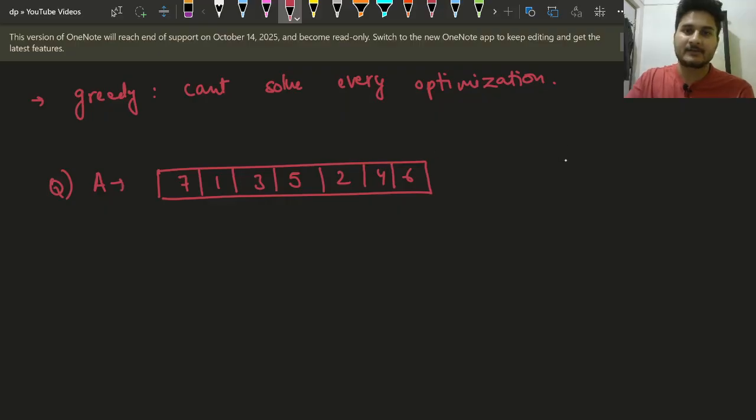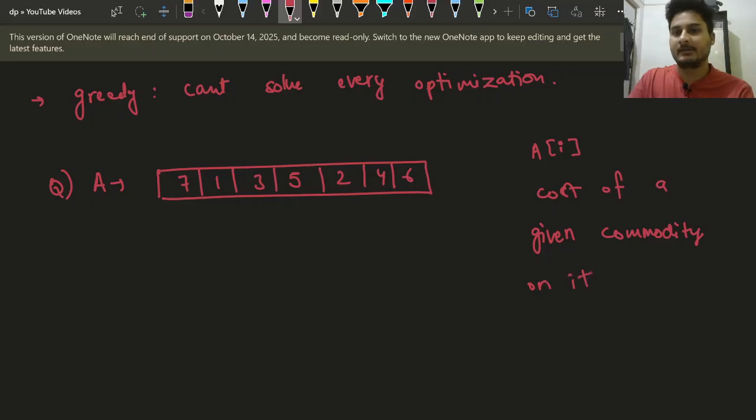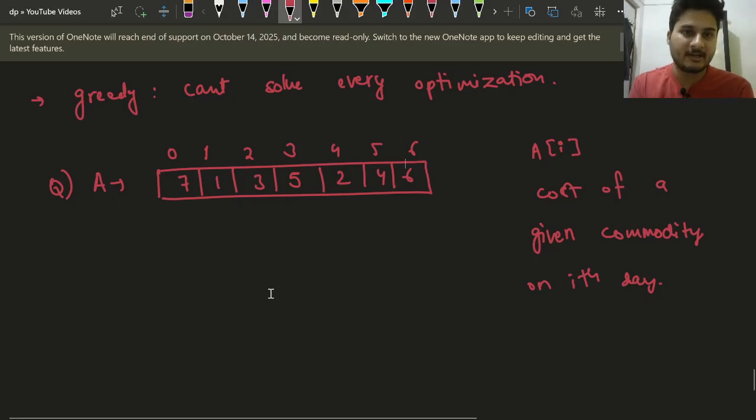What this array represents is that A[i] represents the cost of a given commodity on the ith day, right? So on the 0th day this cost was 7, on the first day it was 1, on the second day it was 3, and so on. So you have to maximize the profit, right?